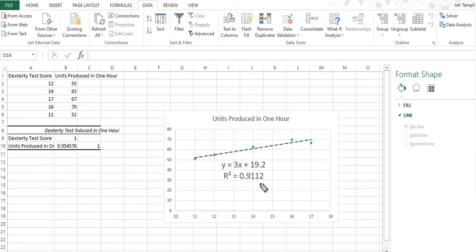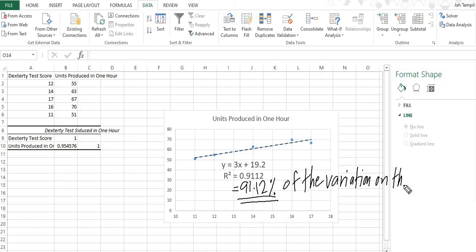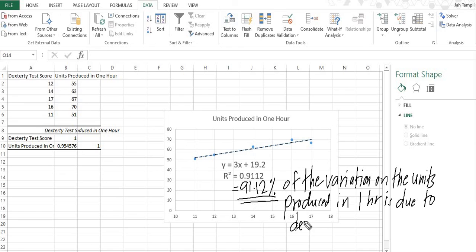So this would mean that the R squared is 0.9112, or we can also say that this is 91.12%. What does this mean? We can say that 91.12% of the variation on our Y variable, which are the units produced in one hour, is due to the dexterity test score.